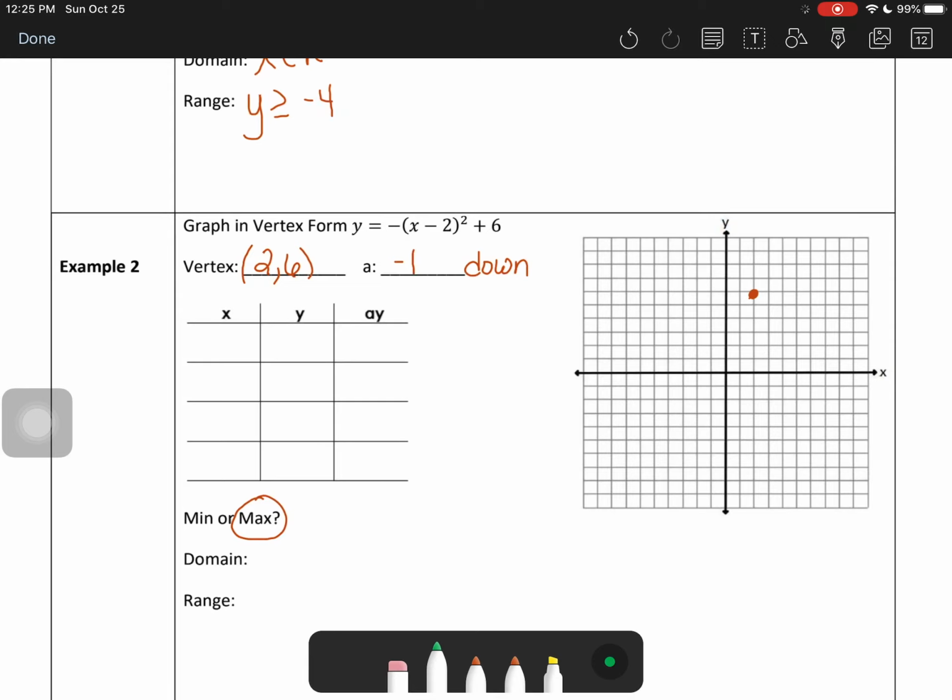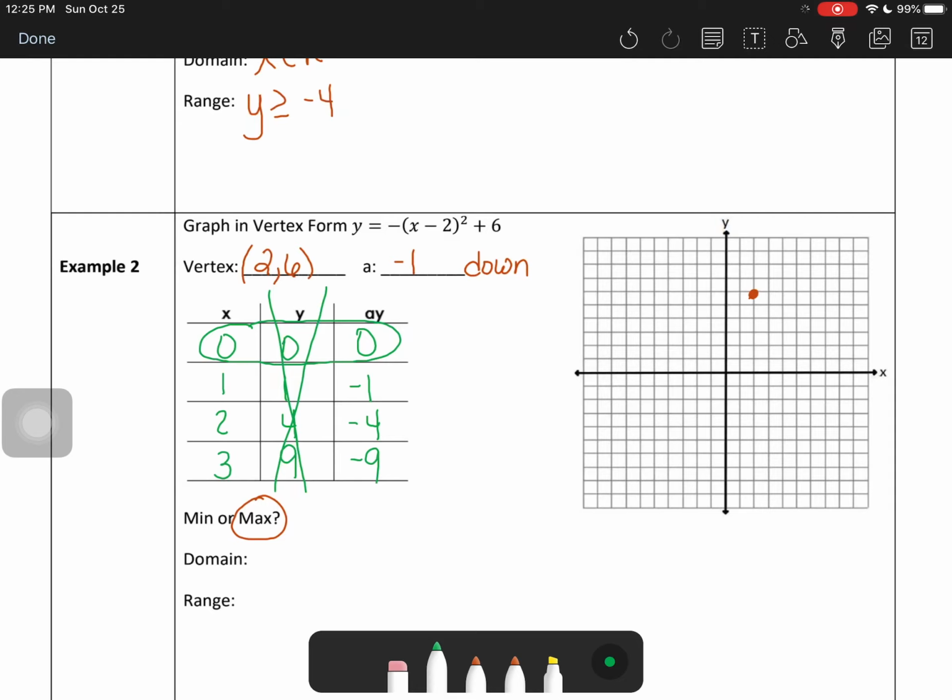Our parent function, we put in our table 0, 1, 2, 3. We square each of these. And then we multiply our y column by -1. Crossing off the middle, since we have changed those values.